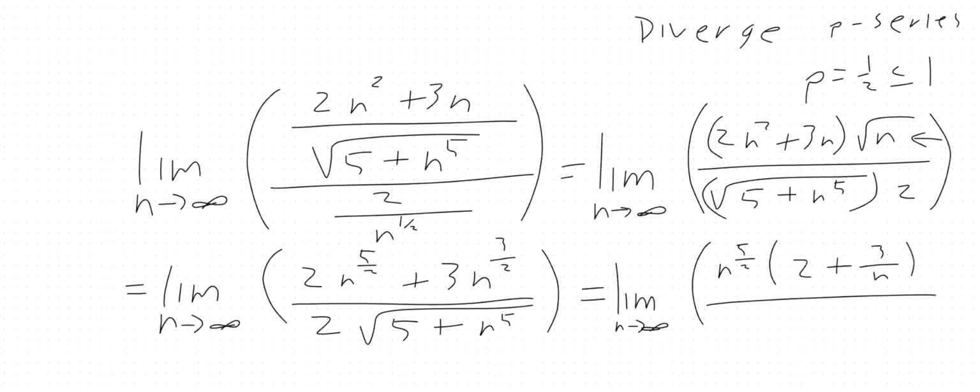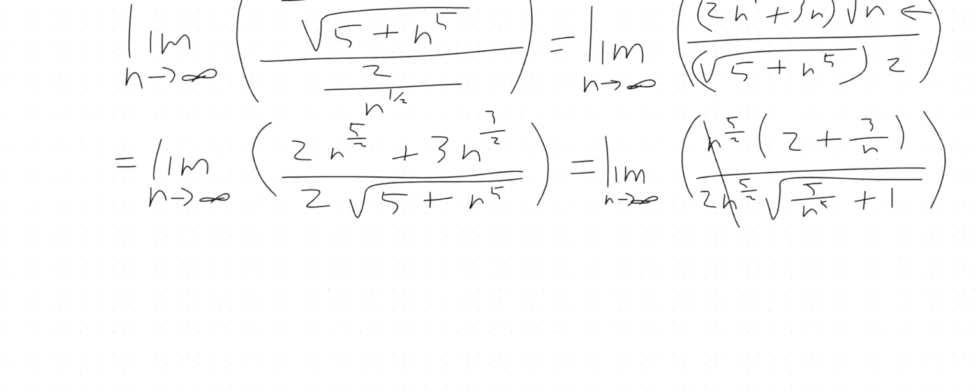On the bottom, we would get 2n to the 5/2 times the square root of 5 over n to the 5th plus 1. Those cancel. As our n goes to infinity, this goes to 0, that goes to 0. So we're left with 2 over 2 times the square root of 1. This is greater than 0. 1 is finite.